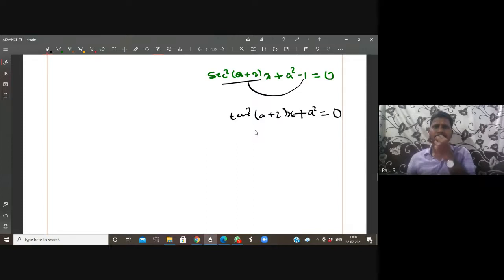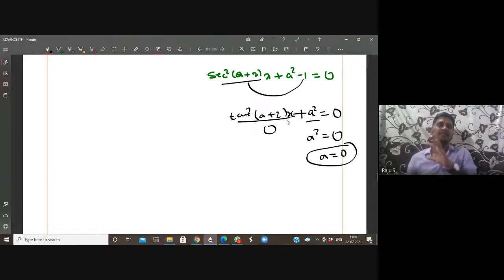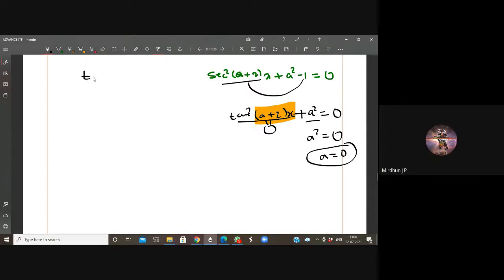When I take tan square here, this value is 0, so what about the a square value? A value is equal to 0. When tan square of (a plus 2x) becomes 0, for what value of x will it become 0? It can be 0, 90 and negative 90.